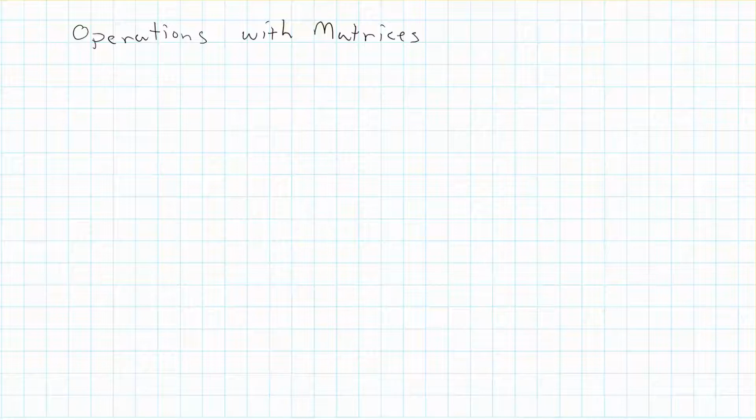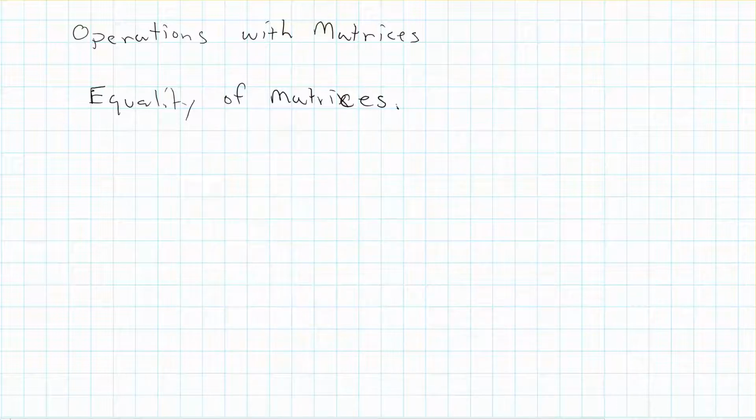So let's start off here with just talking about what do we mean when we have equality of matrices. Well, we often use capital letters as a side note to represent matrices. So for instance, what do we have here? Let A and B be two matrices.